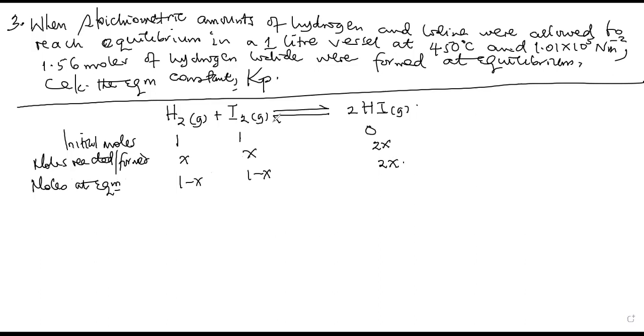Now, they are saying that when the stoichiometric amounts of hydrogen and iodine were allowed to reach equilibrium in a 1 liter vessel, meaning the concentration will divide by volume, which is 1, 1, 1. So at 450 and 1.01 × 10^5 Newton per meter squared, 1.56 moles of hydrogen iodide were formed.